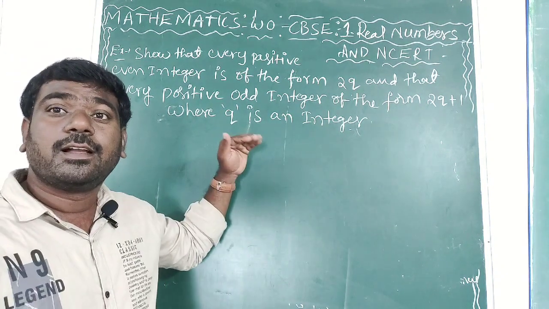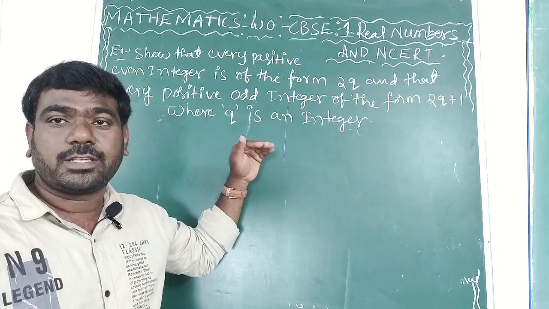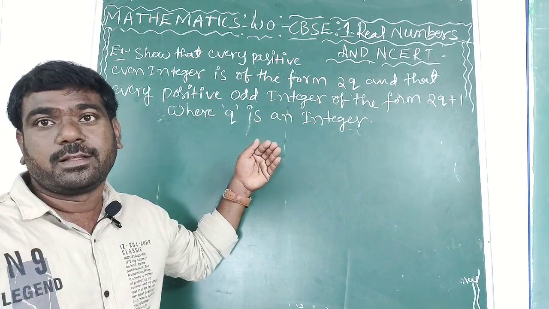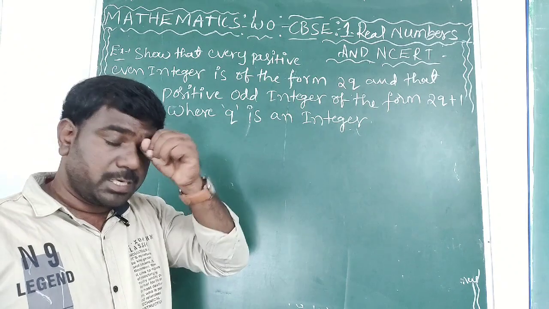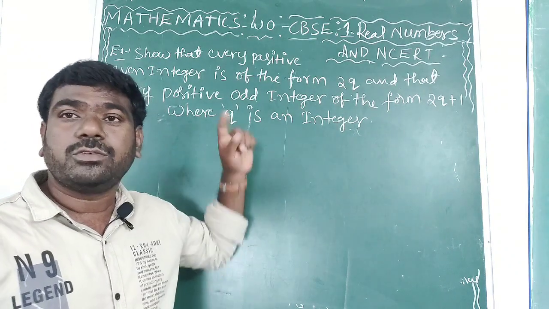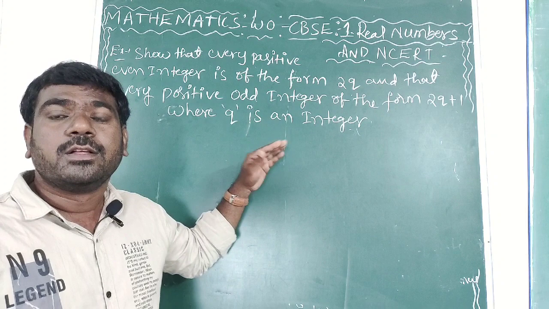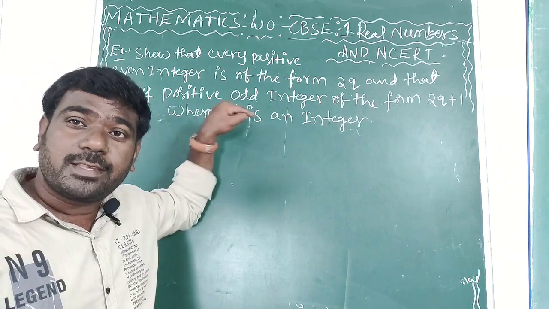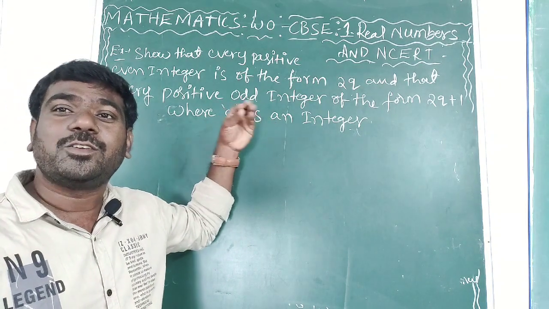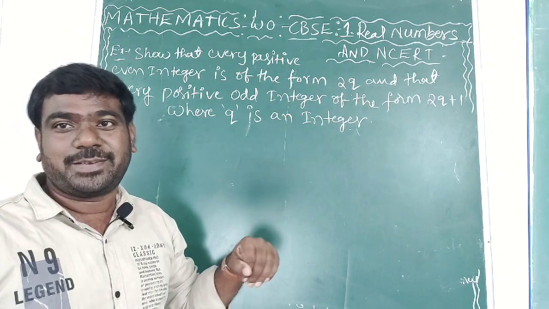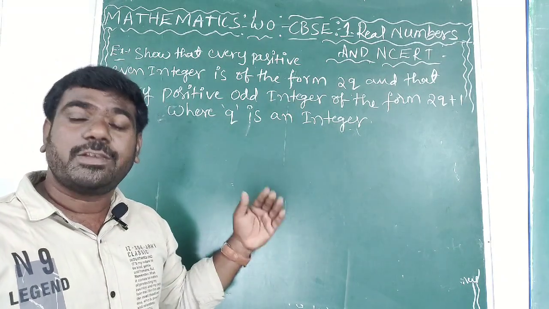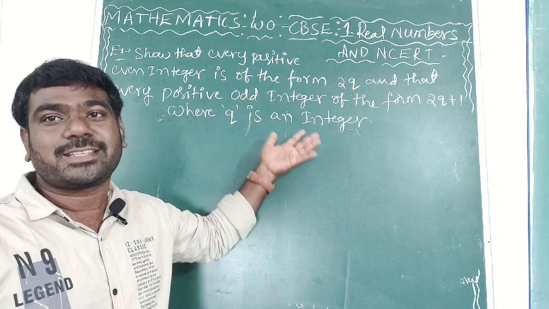This is another statement. So by using Euclid division lemma, we have to prove this statement. Why? Already Euclid division lemma is a proven statement. By using that statement, we are going to prove the other statement.